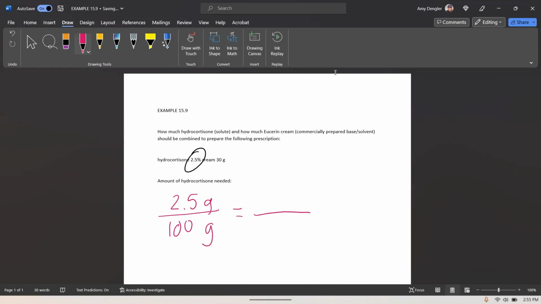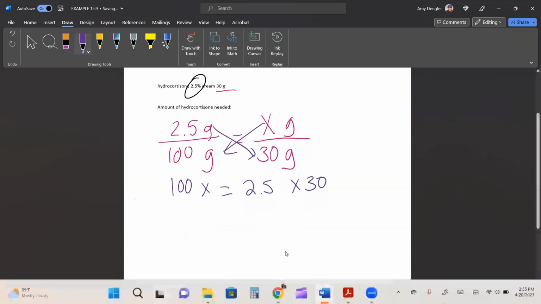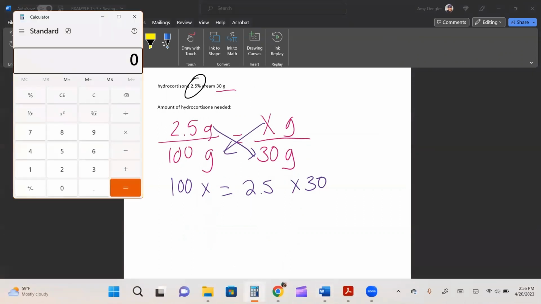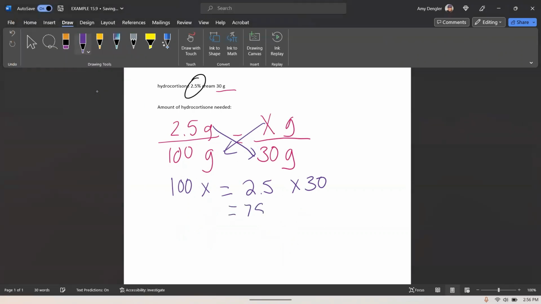Now on the other side, the full amount that we're going to prepare is 30 grams. So I'm going to place that down in the bottom and this is going to be my X. So now I just need to do my cross multiplying. So 100x is equal to 2.5 times 30. First I take care of my side with the two numbers to multiply. So 2.5 times 30 gives me 75.